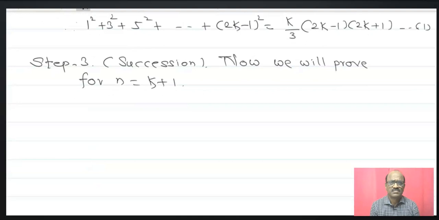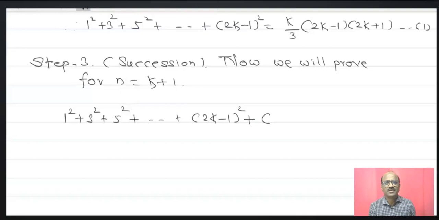Therefore, 1 square plus 3 square plus 5 square plus ... plus (2k minus 1) in bracket square plus, because we want to write the next term, what is that here? There is a k is replaced by k plus 1.